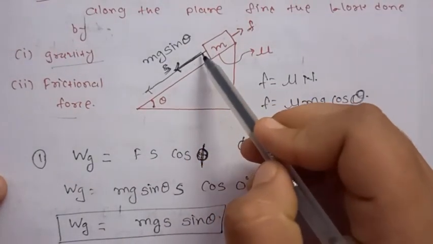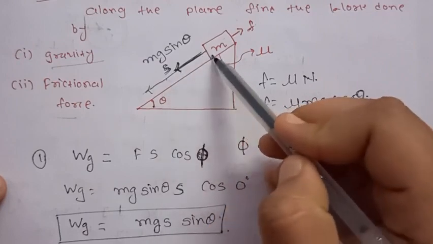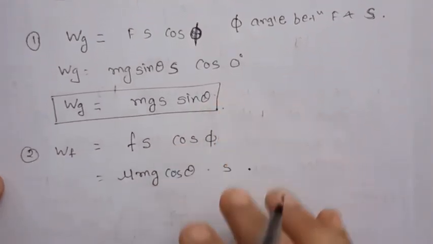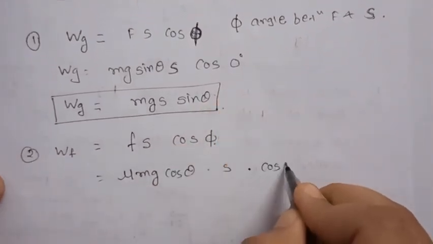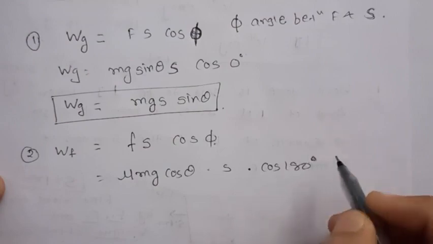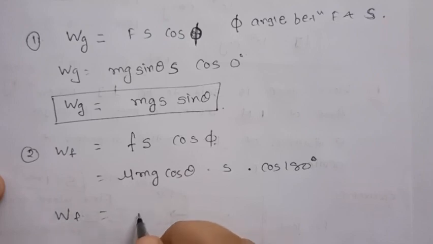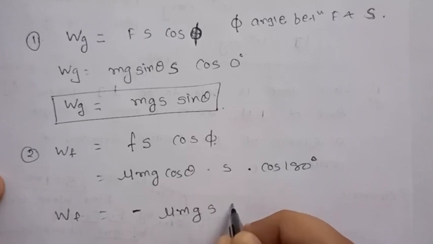Here displacement is down the plane and frictional force is acting up the plane. So the angle between force and displacement is 180 degree. So cos 180 degree is minus 1. So the work done by frictional force will be minus mu mg s cos theta.